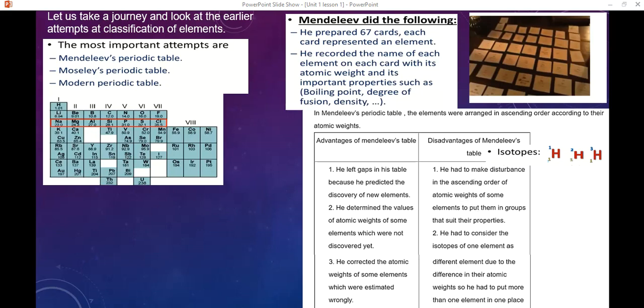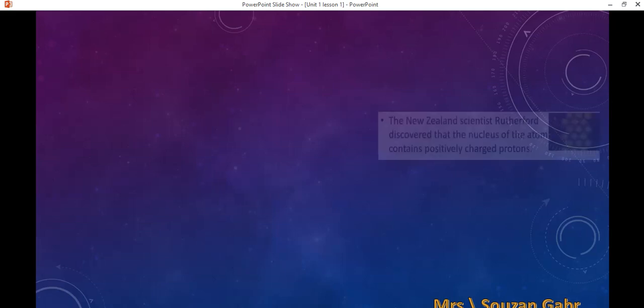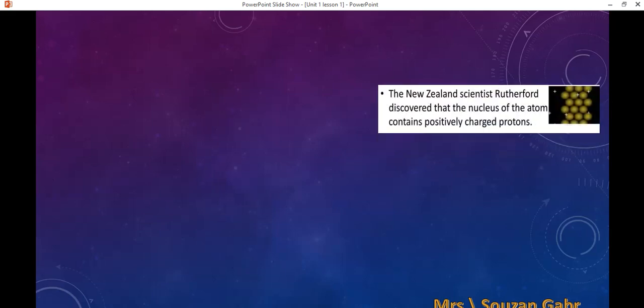After Mendeleev, many scientists tried to improve the periodic table and made suggestions of a better arrangement, such as Rutherford.